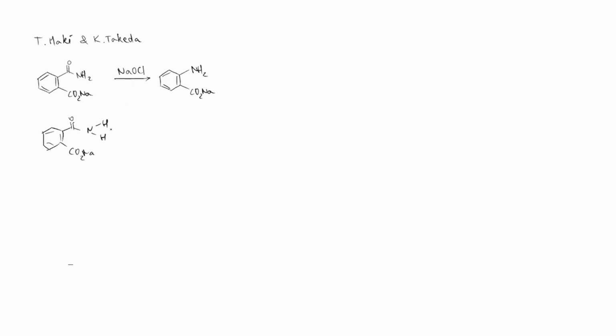And as the electrophilic source of halogen, now we have sodium hypochlorite, which upon hydrolysis gives sodium hydroxide and hypochlorous acid, which, by the way, is a weak acid, therefore it does not dissociate fully.